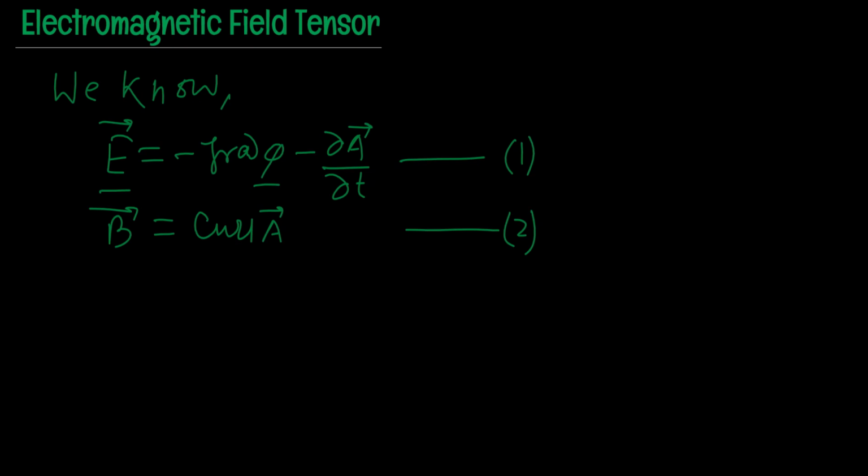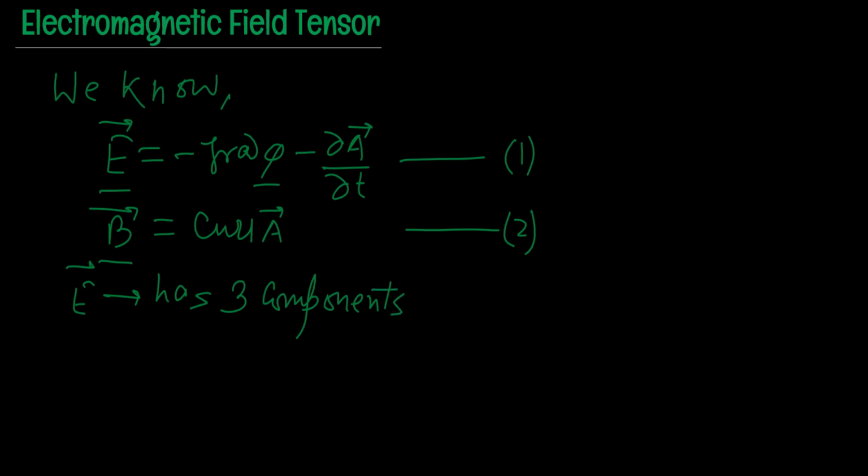Actually, you know that the electric field vector E and the magnetic field vector B are not 4-vectors, but they are in fact geometrical vectors, and so in a three-dimensional Euclidean space, vector E has 3 components, that is, the x component, y component and z component.